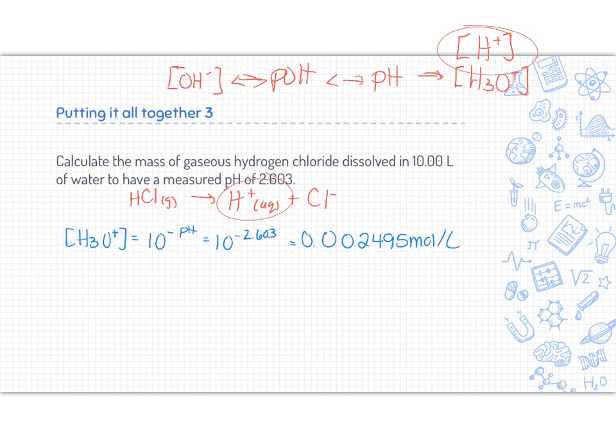All right, that's the concentration of H3O or H+. So if I want to convert to the concentration of HCl, we can. So the concentration, 0.002495 moles of H+ per 1 liter times 1 mole of HCl per 1 mole of H+. 1-to-1 here, nice and easy.